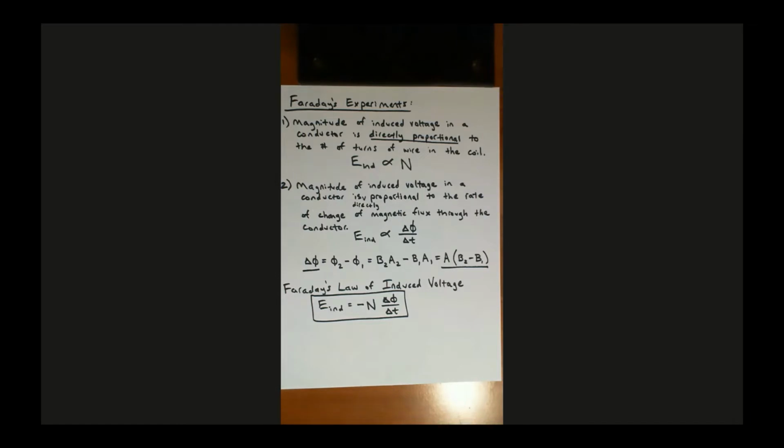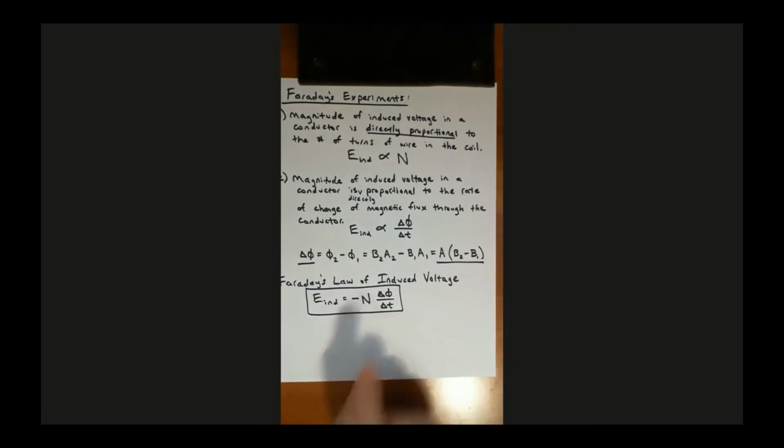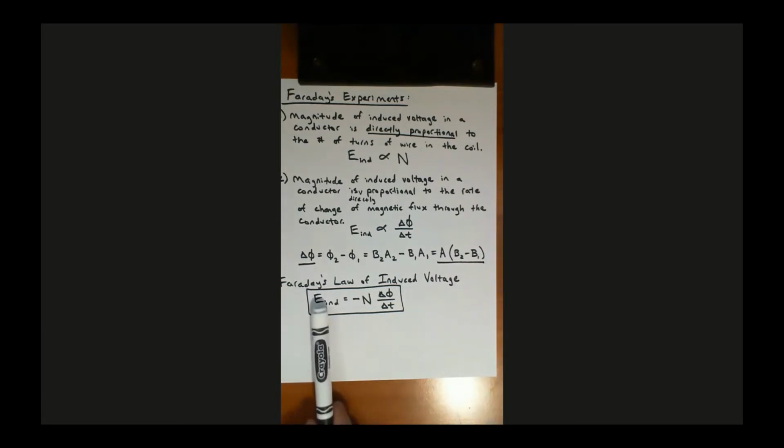So if you look in your lab manual, it talks about different ways that you can increase the voltage in a generator, right? Because all generators use this basic equation to induce a voltage and create electricity. So let's say hypothetically I wanted to increase the induced voltage in my generator.